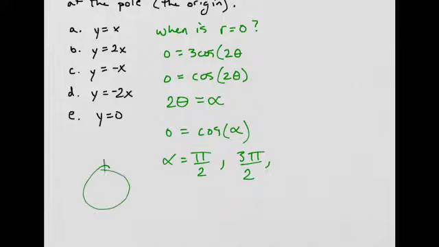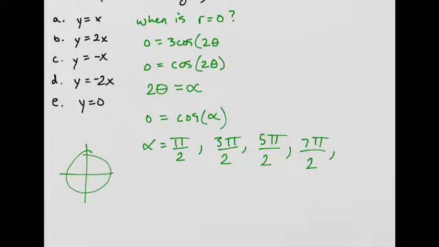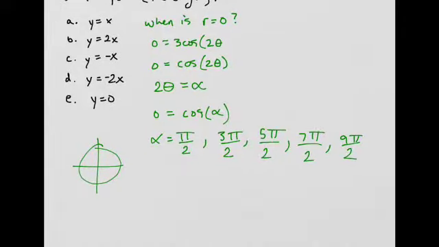That's pi over 2, 3 pi over 2, 5 pi over 2, and I'll write a couple and keep going. You're thinking, wait a minute, this is past 2 pi. Yes, it is, but this is for alpha, and I'll show you. Hopefully it'll make sense later on. 5 pi over 2, 7 pi over 2. Let's do one more. If I need more after that, we'll see. 9 pi over 2.